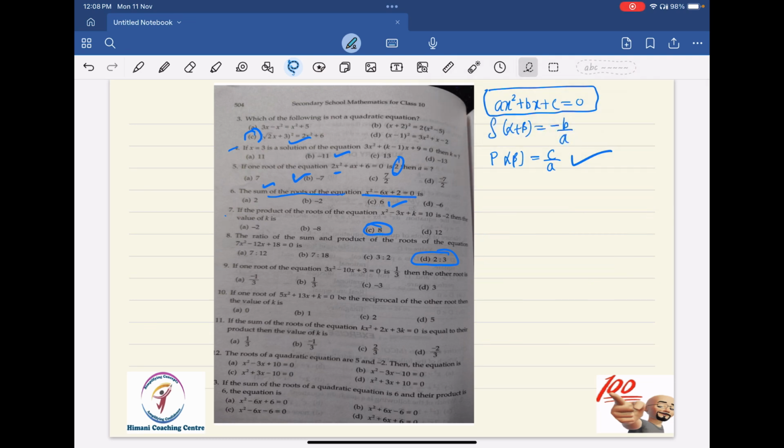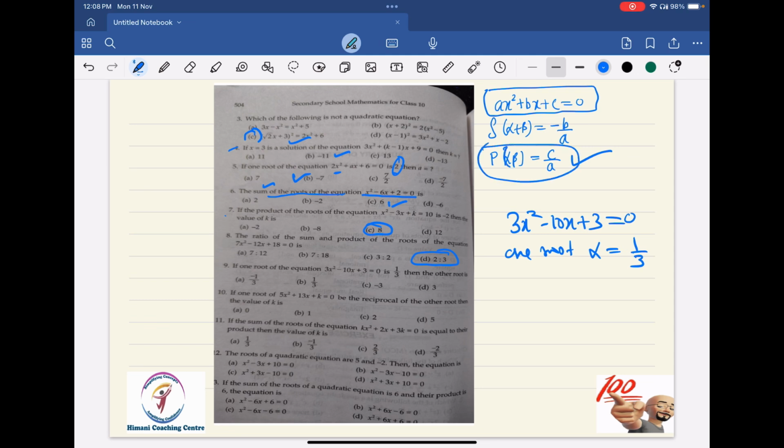Now, let us go and see the next question. The ninth question says, if one root of the equation 3x square minus 10x plus 3 equals 0, I can say let it be alpha or beta, whatever, is 1 by 3. Now they are asking to find the other root. So you can see I can actually use the product of the roots.